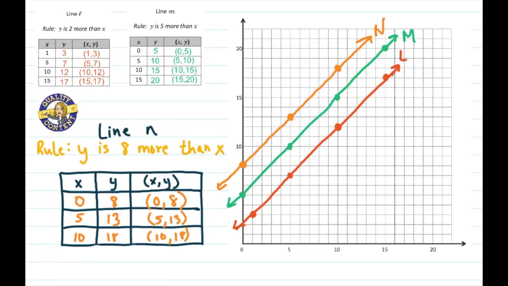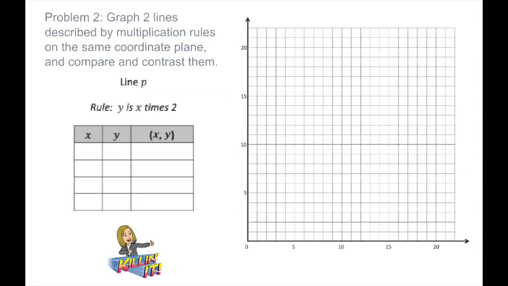Let's continue forward. Moving into problem 2, we're now going to look at lines that have multiplication rules. And we're going to do the same thing where we're going to plot all of our points and then compare and contrast the rules. So let's start with our first rule on line P, which is y is x times 2.